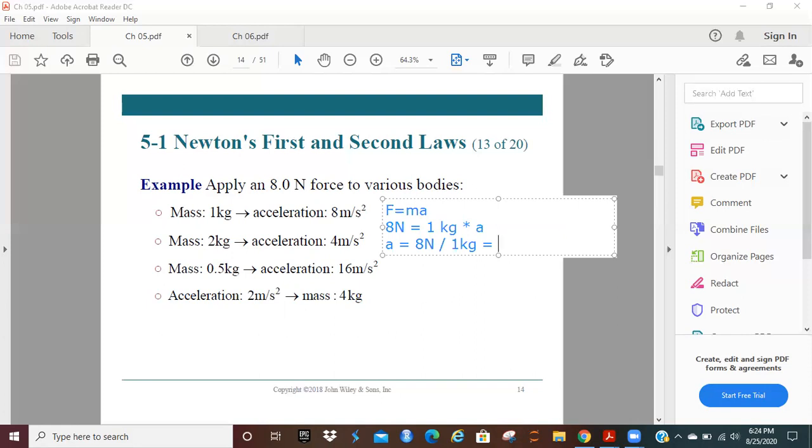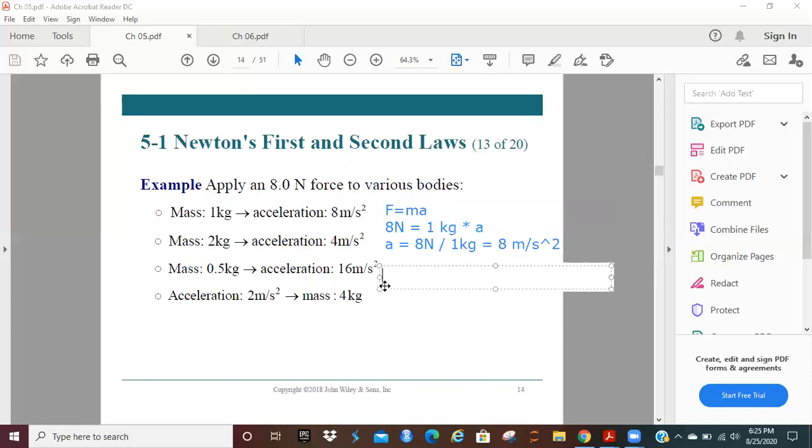And since a newton is a kilogram meter per second squared, the acceleration is going to be 8 meters per second squared. So that would be for the first problem.